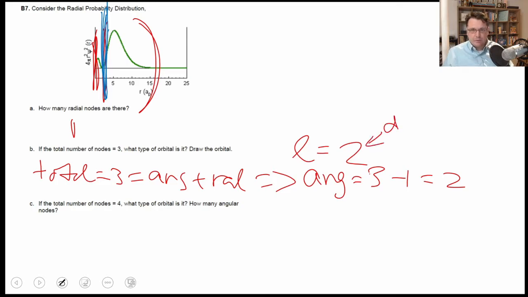The next thing to think about is the n value, because that will tell us what type of orbital we have. Because we have a total of 3 nodes, 3 plus 1 gives us n equal to 4. That tells us we should be drawing a 4d orbital.